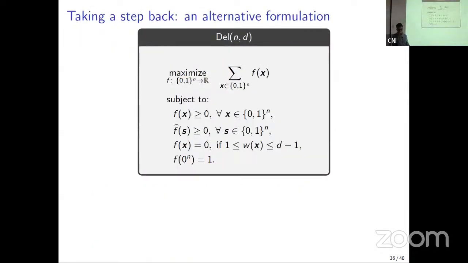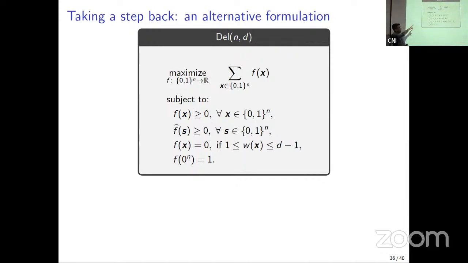Okay, so let's take a step back and look at the same program a little differently. I claim that this linear program stated this way is exactly the same linear program that we saw earlier. This is another fancy looking program. It has a much larger number of variables, 2^n many. The variable here is basically f(x) for all x.